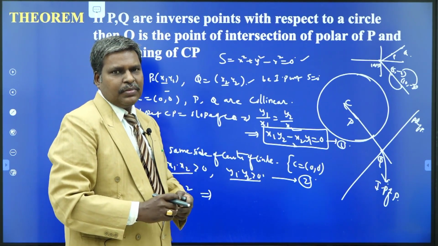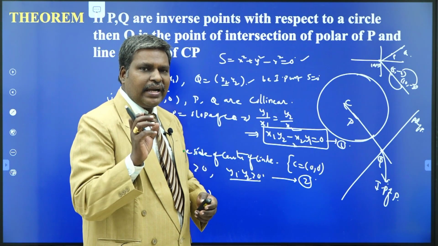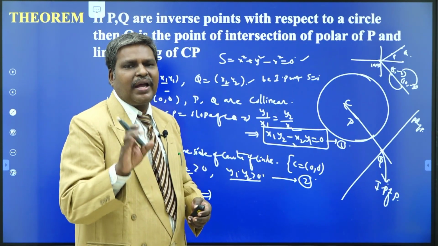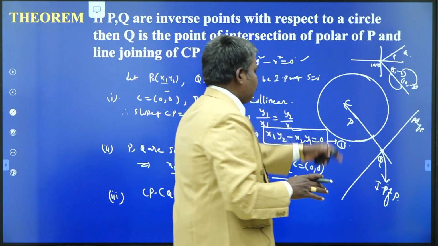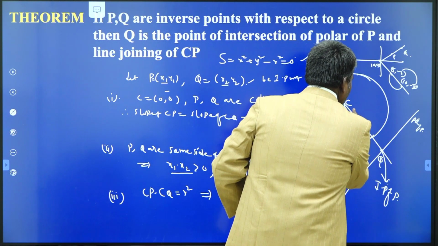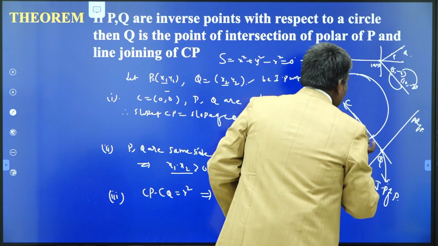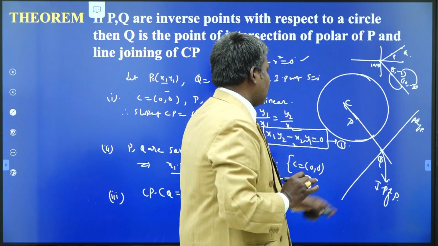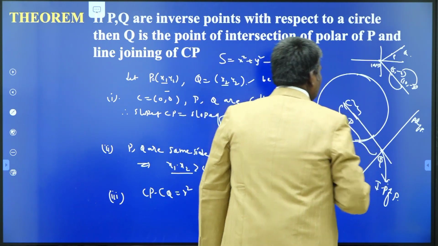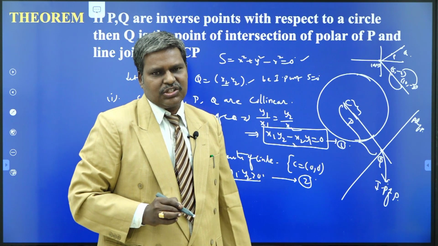Your aim is to show that Q is the point of intersection of the polar of P and the line joining CP. When C, P, Q are collinear and on the same side of the center, these two things are already used. The third condition is CP into CQ equals r square.